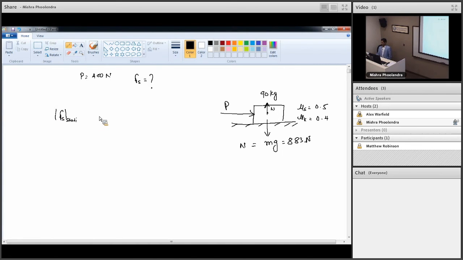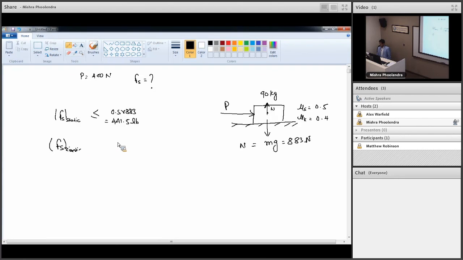So we immediately know the friction force is static. There are two types of friction that we can have. Friction force is static, can be less than or equal to 0.5 times 883. And what is that number? How much we get? 441.5 Newton.